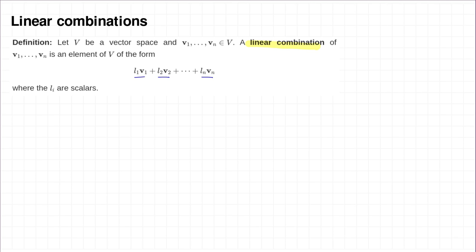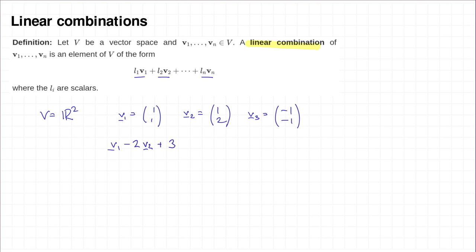If we take our vector space V to be R squared, so this is a vector space over the real numbers, and if we take vector V1 to be (1, 1), vector V2 to be (1, 2), and vector V3 to be (-1, -1), then one linear combination of V1, V2, and V3 would be V1 minus 2 V2 plus 3 V3.